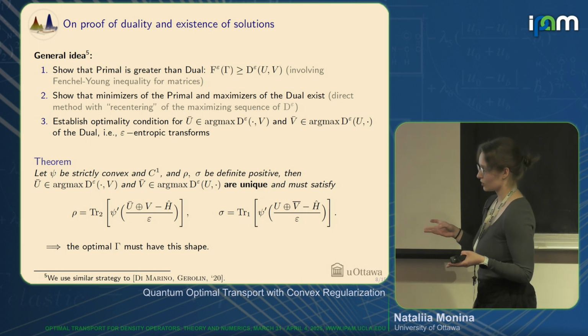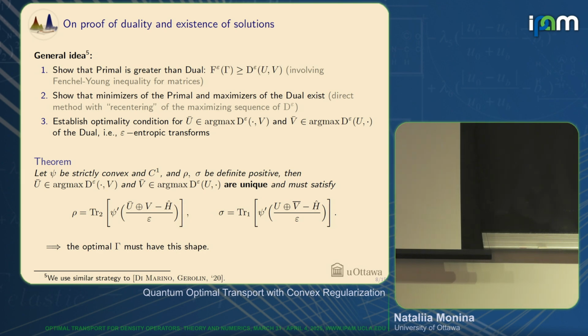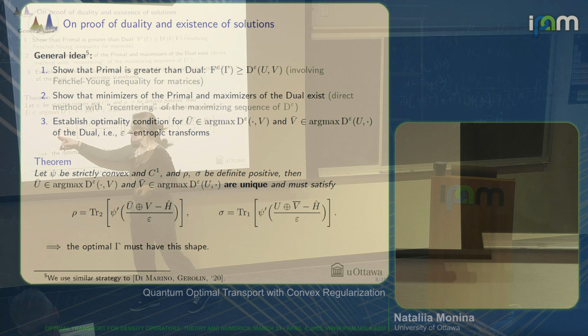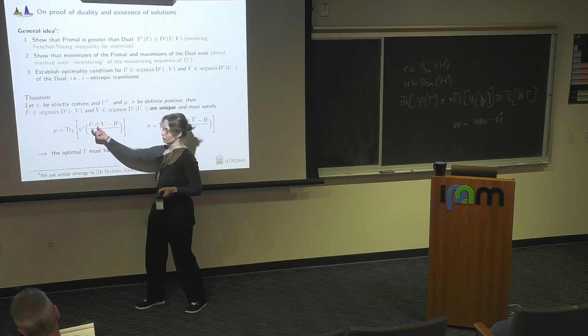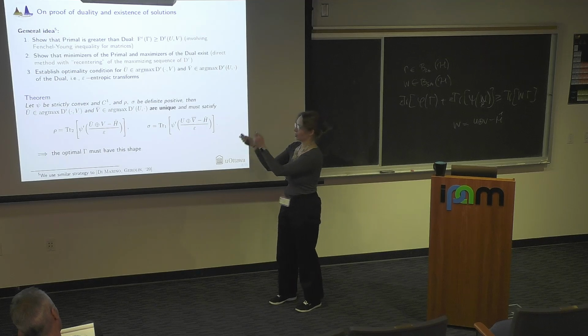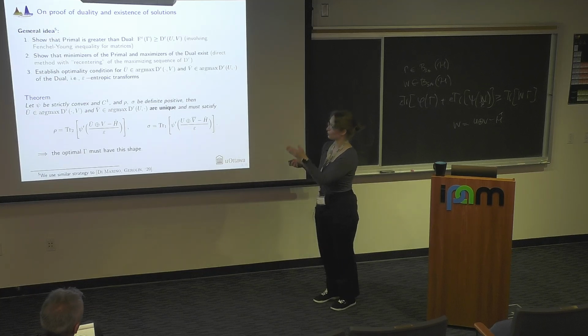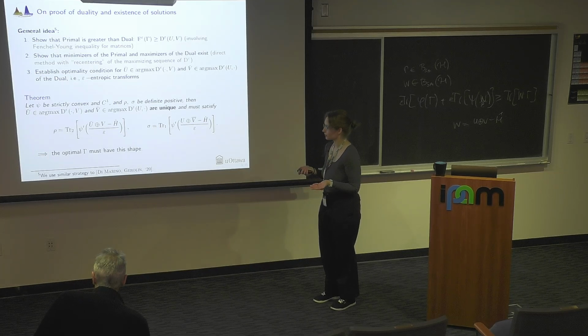In the classical sense, especially if we do entropic regularization with the Shannon entropy, here we will have the marginal rho is equal to the integral of the exponential of U plus V minus H over epsilon. And if we separate it, because it's the integral only in one variable, we can explicitly recover the Sinkhorn algorithm. So this is precisely the condition for defining the Sinkhorn algorithm.